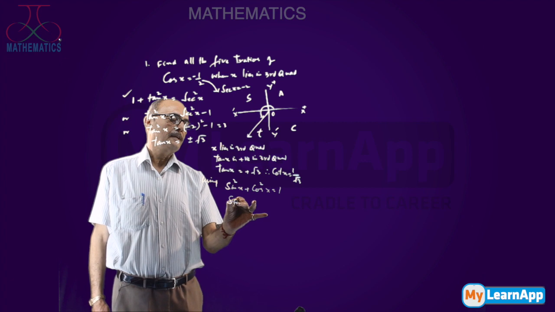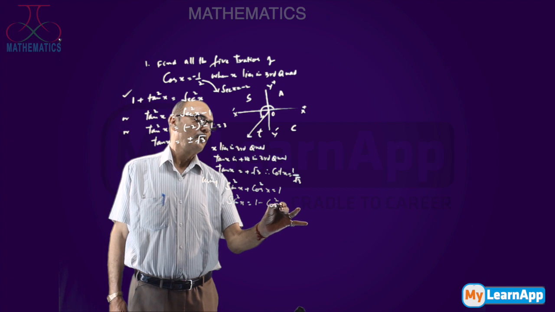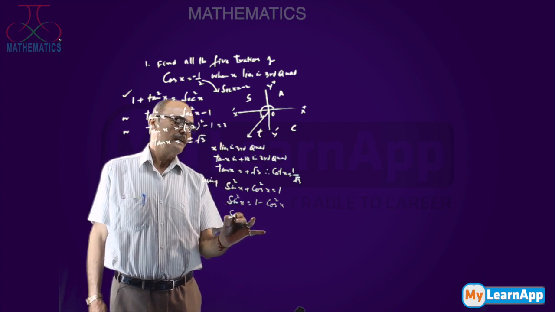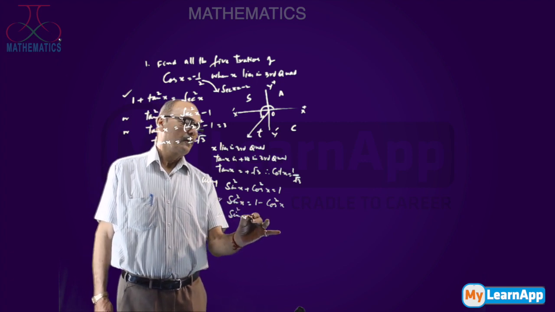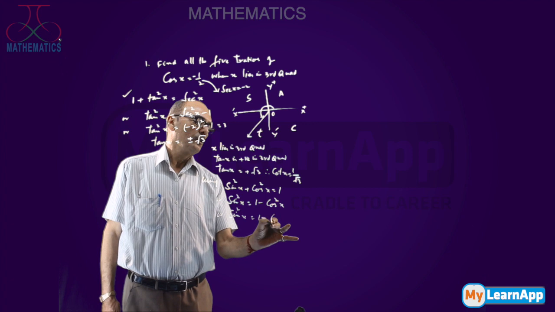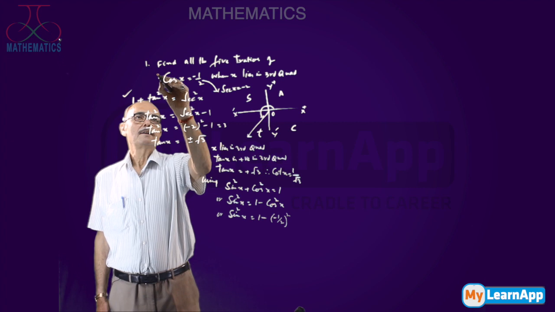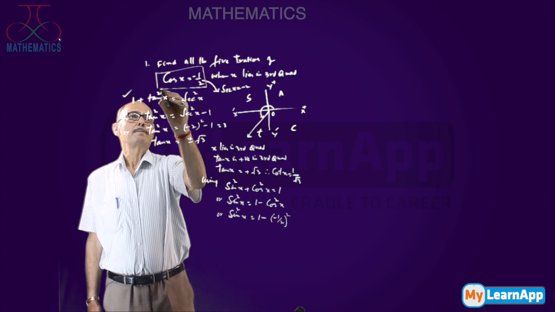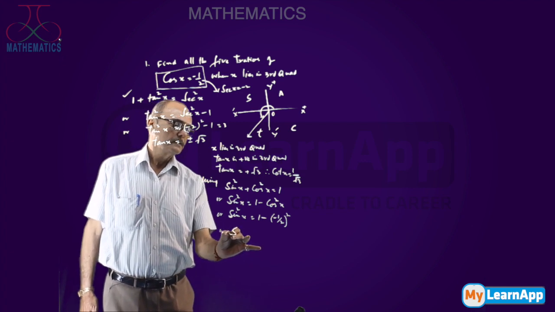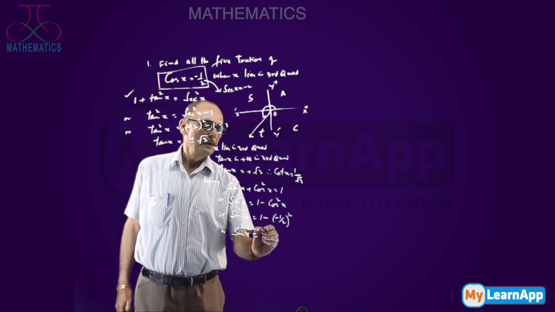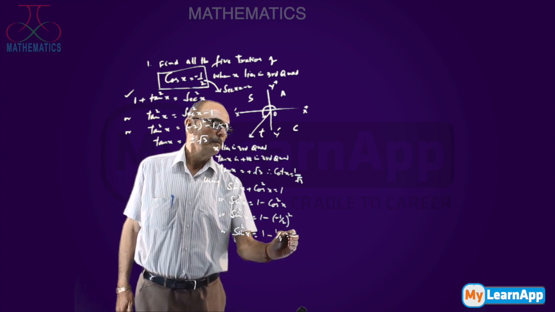So, sin square x equal to 1 minus cos square x, or sin square x is 1 minus 1 by 2 squared, because it is given cos x equal to minus 1 by 2, or sin square x is 1 minus 1 by 4, that comes out to be 3 by 4.